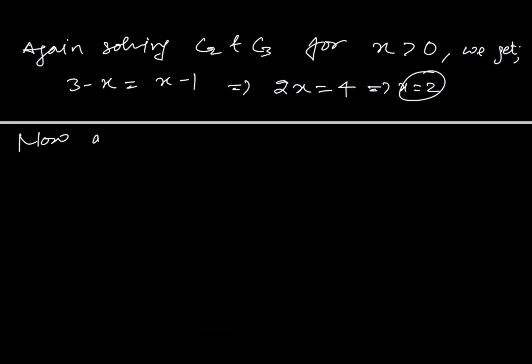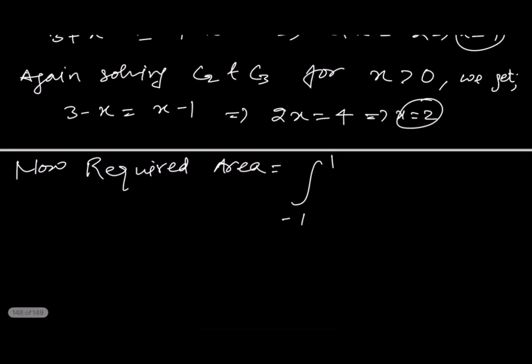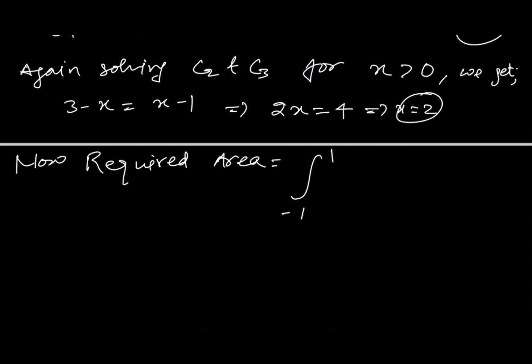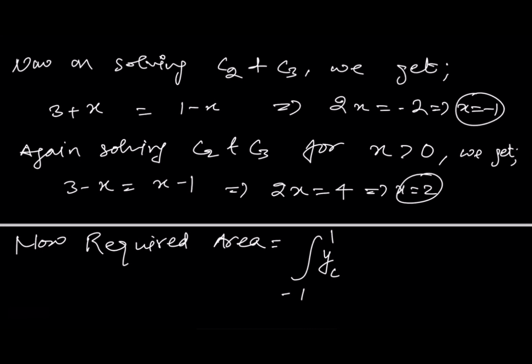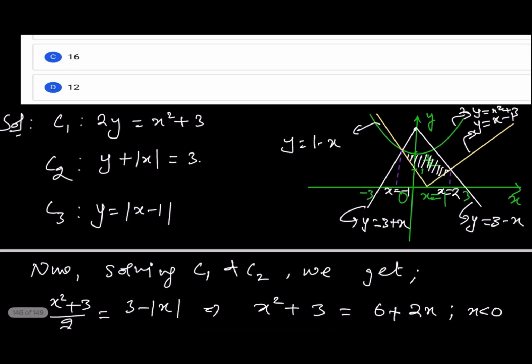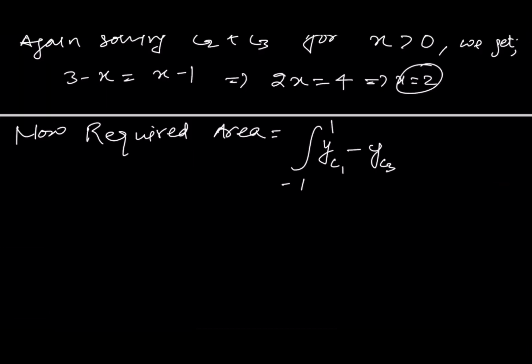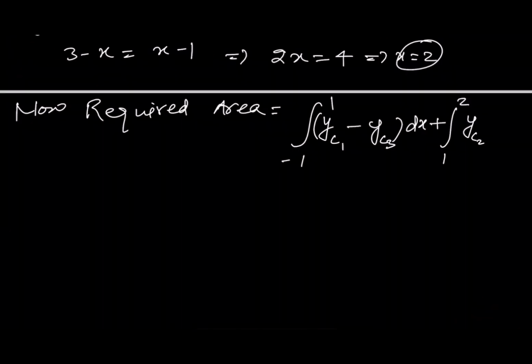Now the required area is equal to the integral from minus 1 to 1 of y of the parabola, or y of curve 1, minus y of curve 3, dx, plus the integral from 1 to 2 of y of curve 2 minus y of curve 3, dx.